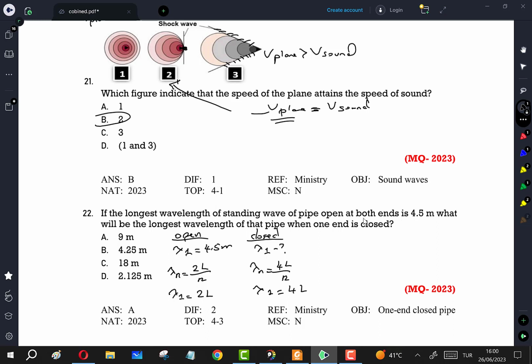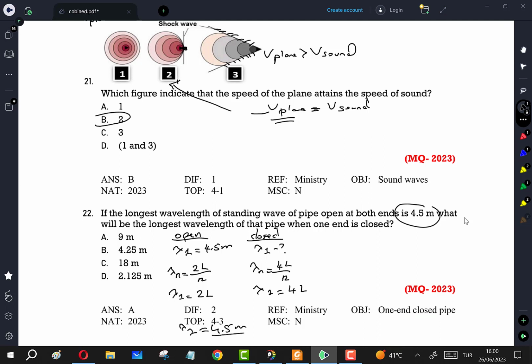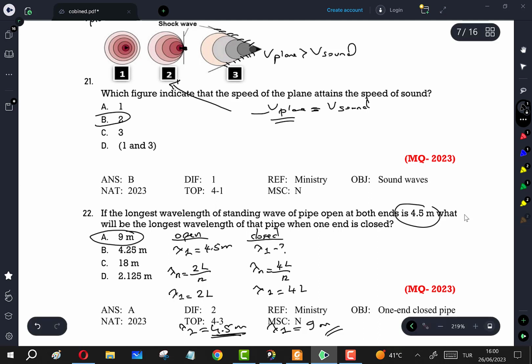As you see, the wavelength of the closed one is twice that of the open one. Open one is 4.5 meters, so for closed, lambda 1 must be twice that number, 9 meters. So the wavelength doubles when you close one end of a pipe.